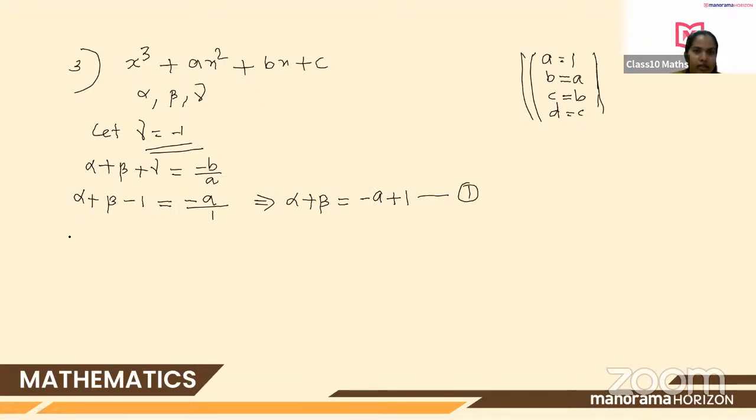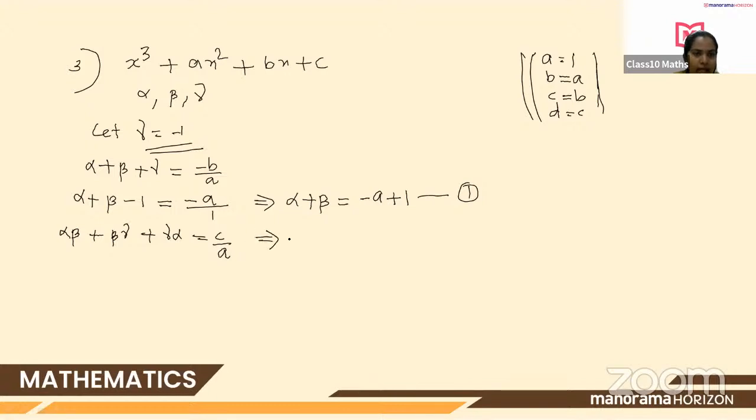And take the next relation, alpha beta plus beta gamma plus gamma alpha, which we know is c by a. Here C is b and A is 1 and gamma is minus 1.